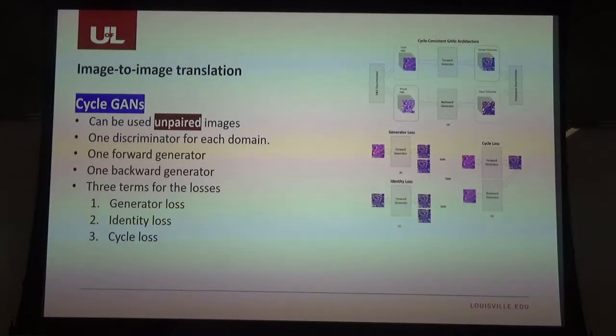So we feed a real trichrome to the backward generator, and we have a virtual H&E. We take the virtual H&E and feed it back to the forward generator, and we have a virtual trichrome back at the output discriminator.